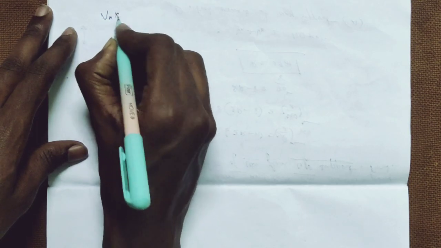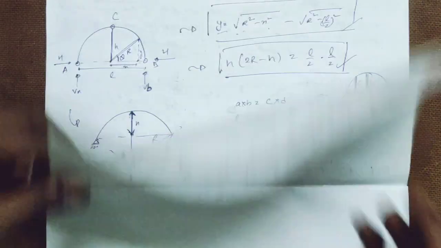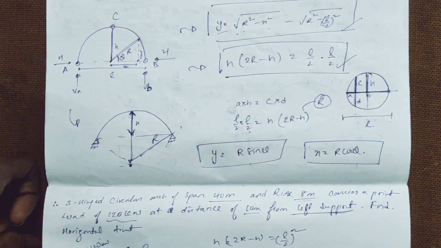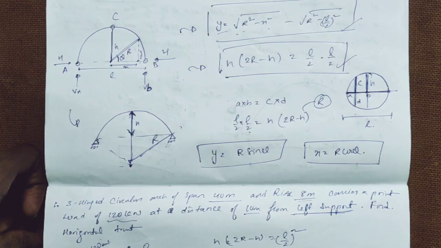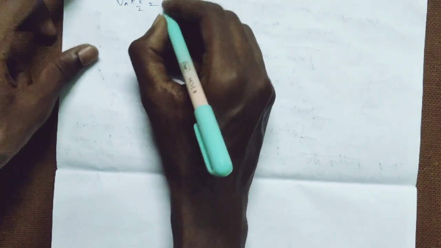So VA into L by 2 is equal to 120 into what will be this distance? 40 by 2 is 20, 20 minus 10, so it is 10.